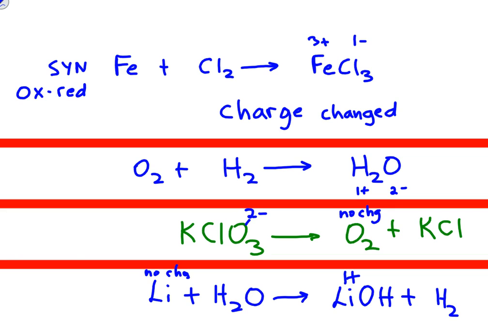What do you have when you have 9 protons and 9 electrons? What's the charge? Come on. 0. You have 9 positive protons. You have 9 electrons.